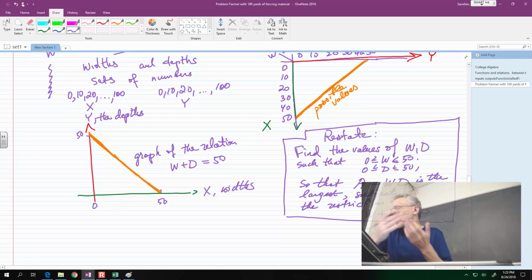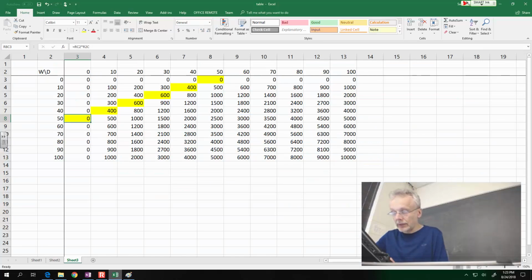And we're looking for the area, which is the product of the width and depth, and that is what is to be maximized. And there is a restriction to this combination of width and depth. So once again, this is a relation, and we tried to extract the information from nothing but the setup.